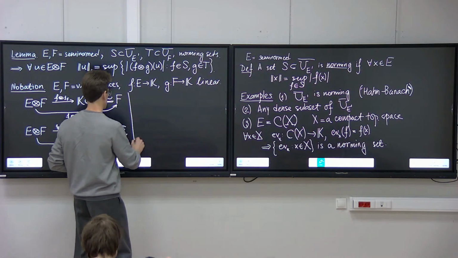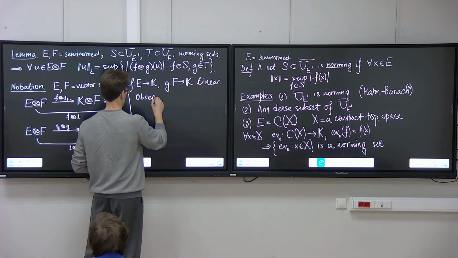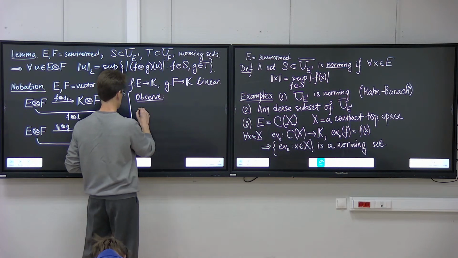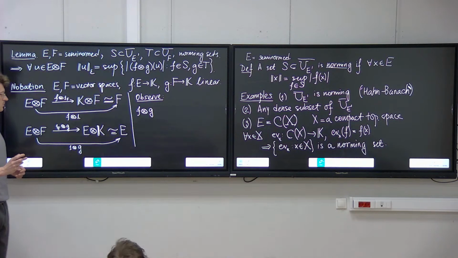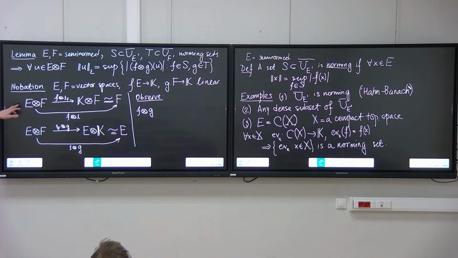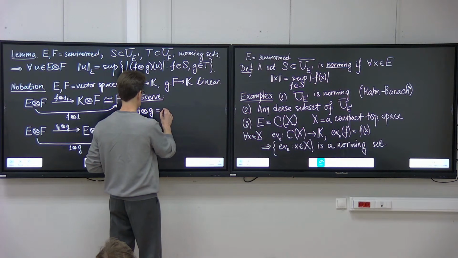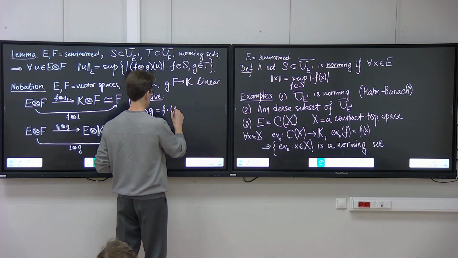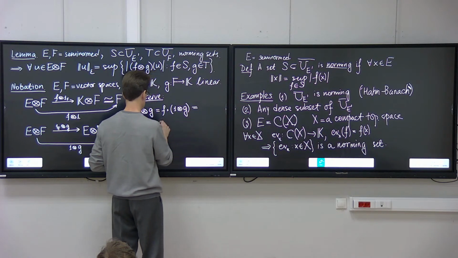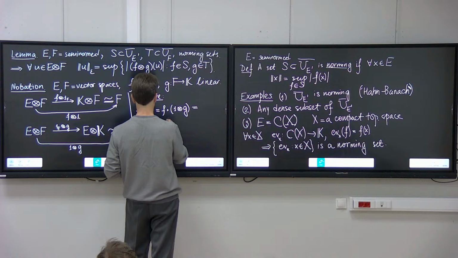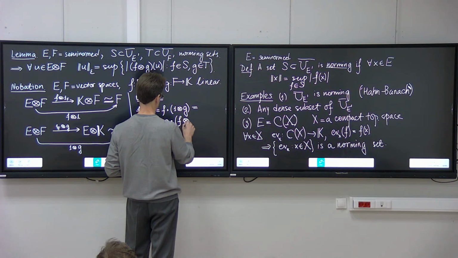And let's also observe that if we use this notation, then we get the following identities. The tensor product of F and G, which is by our convention a linear functional on E tensor F, can be decomposed in the following way. It is F composed with 1 tensor G, and on the other hand, this is G composed with F tensor 1.